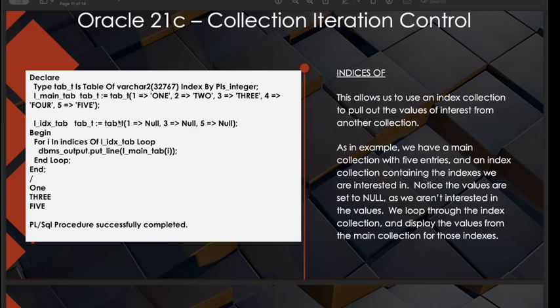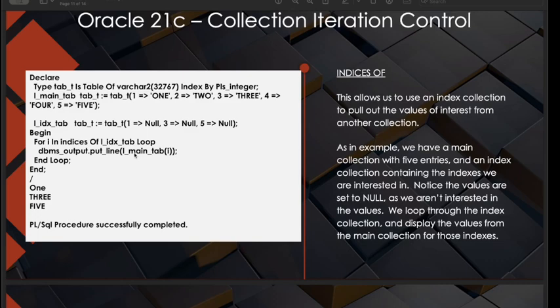Notice the values are set to null, as we are not interested in the values; we loop through the index collection and display the values from the main collection for those indexes. See, we pass values as null.